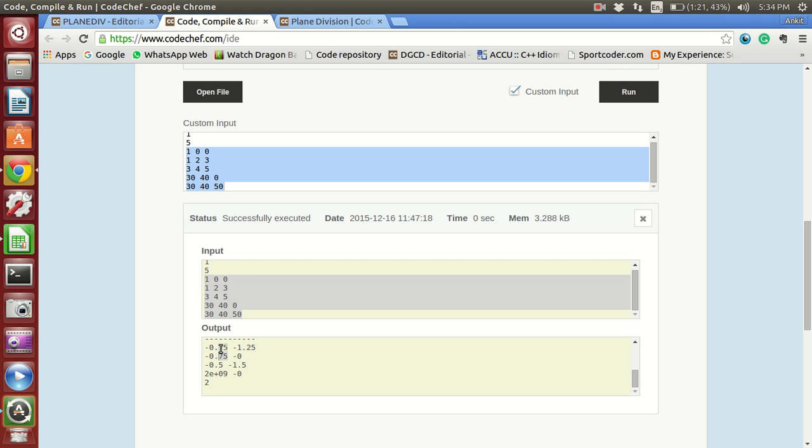So we make count equal to 2 and max equal to count, so max equal to 2. Then we check this, since this is different, we make count equal to 1 again, and max would be the max of the previous max and the current value of count. Similarly, when we come here, this is different, so again count would be 1 and max would be the previous max, so it would be 2, and then we are printing the max value.